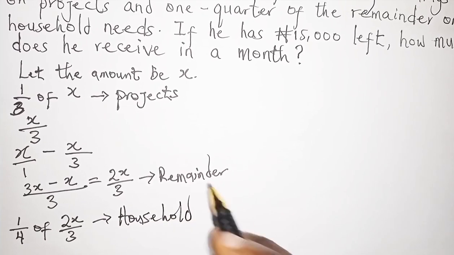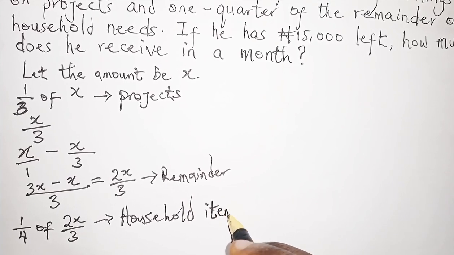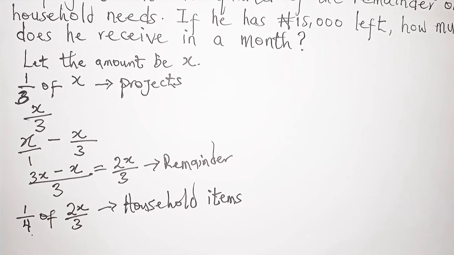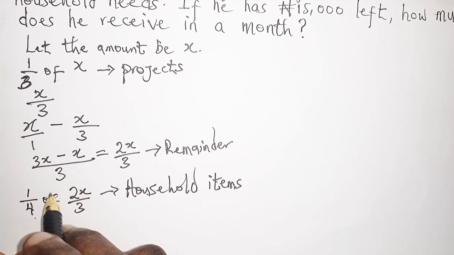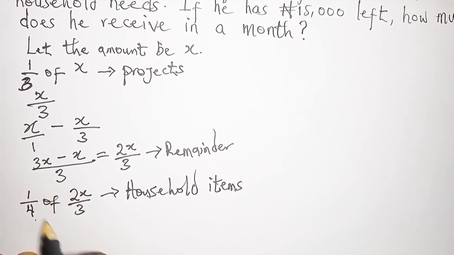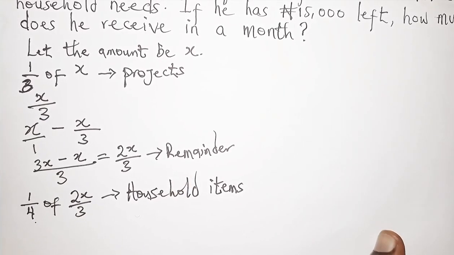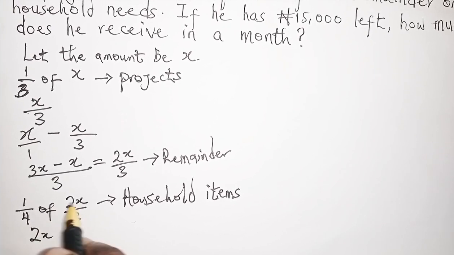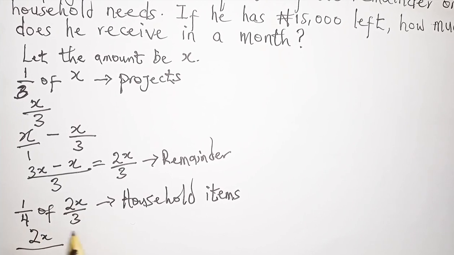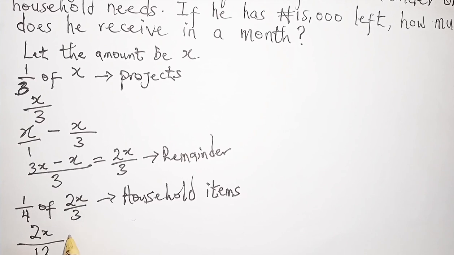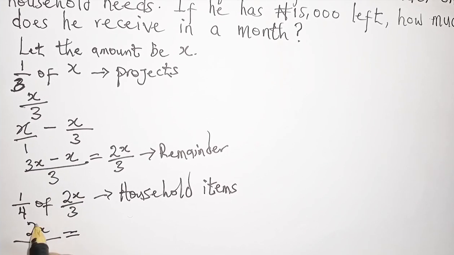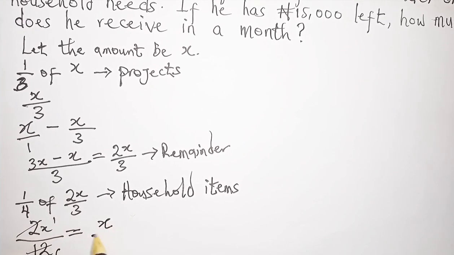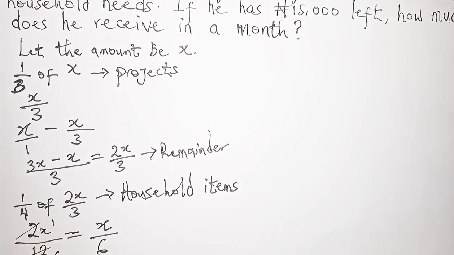Now, remember in the previous video, I explained that "of" simply means multiplication. If you've not seen that video, please go watch it. So this simply means 2X; 1 times 2X is 2X, 4 times 3 is 12. We can still reduce this further: 2 here is 1, 2 here is 6. So this is simply X over 6 on household items.